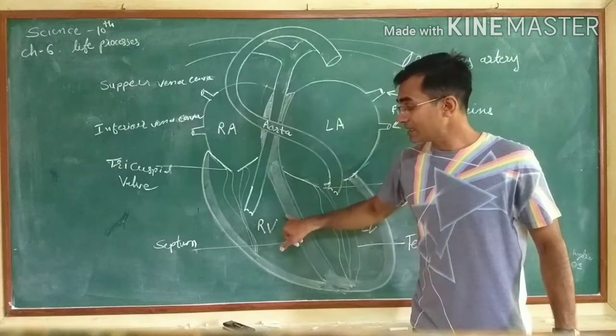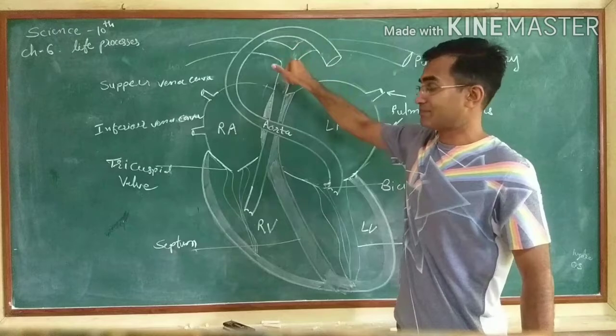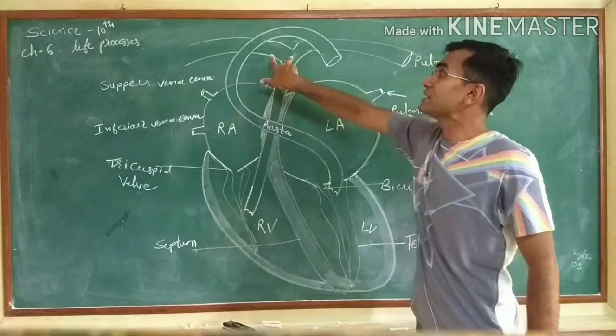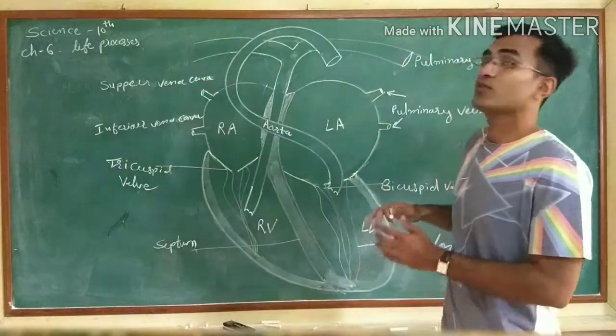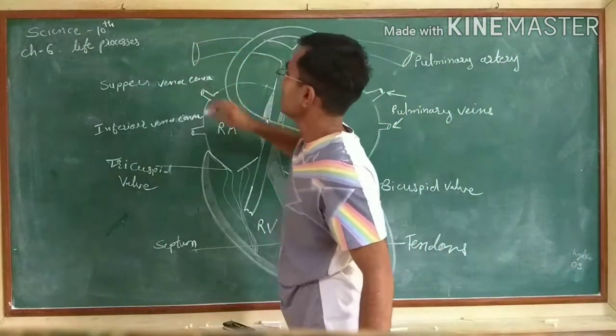And because of that, this blood will flow into this blood vessel. This blood vessel is divided into two branches. One will go to the right side of the lung and the second one will go to the left side of the lung.